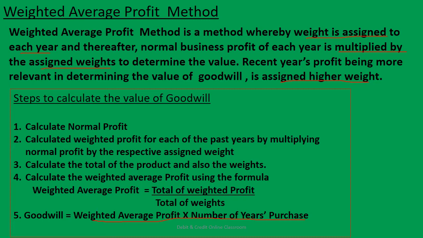Calculate the weighted average profit using the formula: weighted average profit is equal to total of weighted profit divided by total of weights. And goodwill is calculated using the formula: goodwill is equal to weighted average profit into number of years purchase.